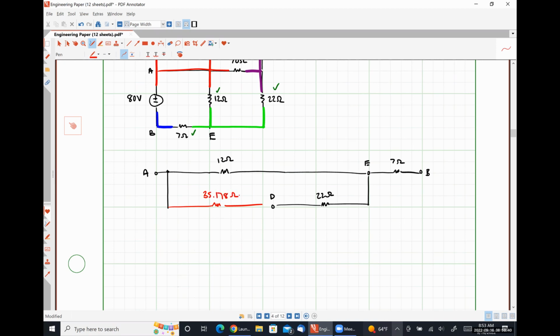This 35.178 ohm resistor appears to be in series with the 22 ohm resistor. So I can place between nodes A and E a single resistance having a value of 57.178.